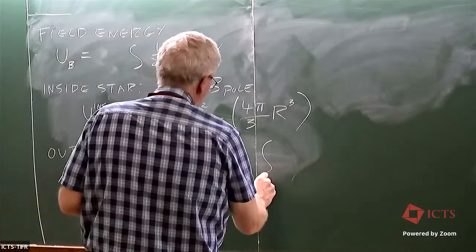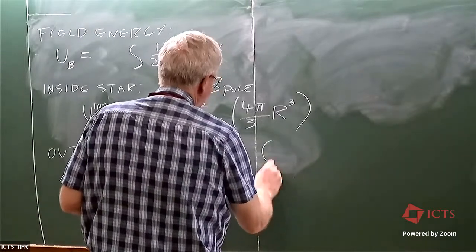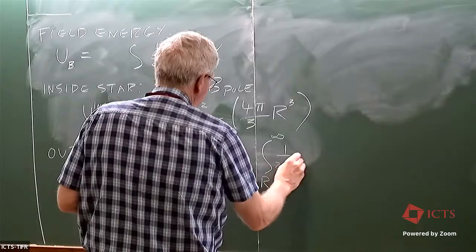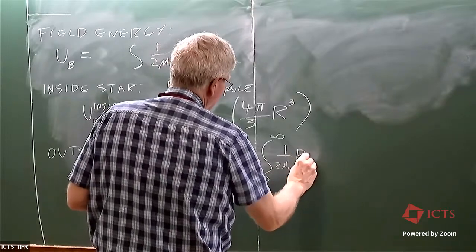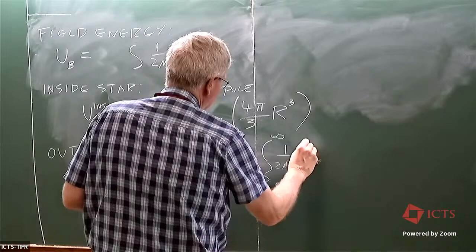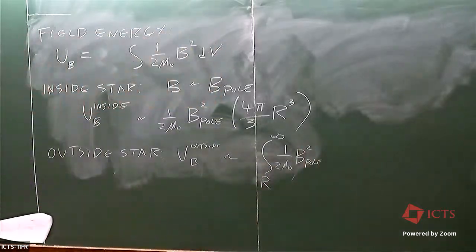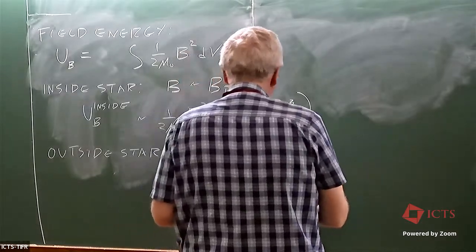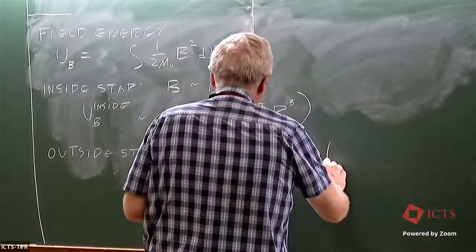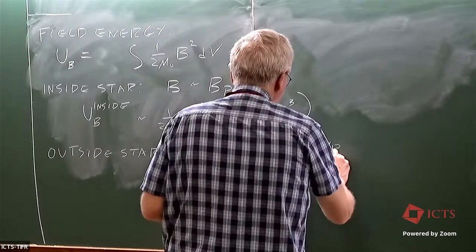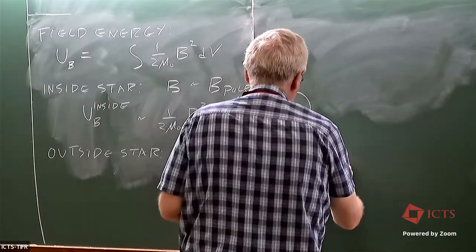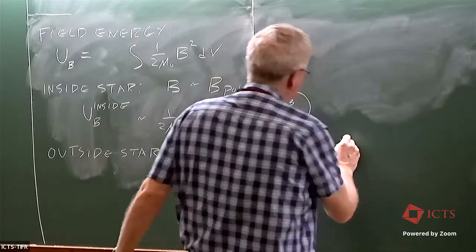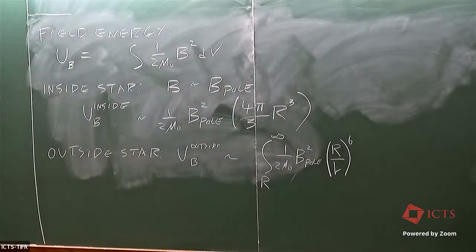The energy outside is of order an integral from r out to infinity of 1 over 2 mu naught. Then, putting in the pole field as a benchmark, we rescale according to that outside of the radius of the star. I'm going to suppress that by a factor of capital R over small r cubed, and then I'm squaring that so I get a 6th power of 1 over r.